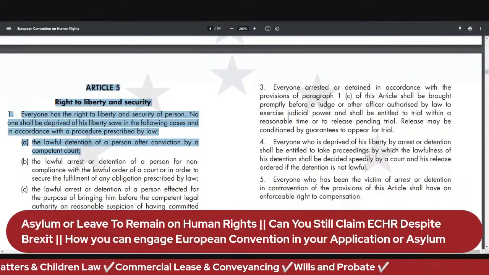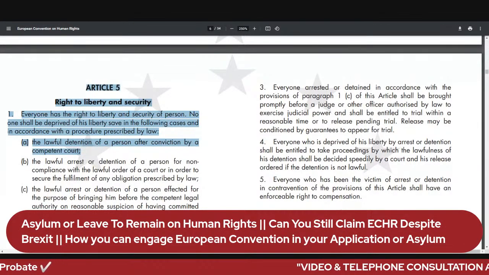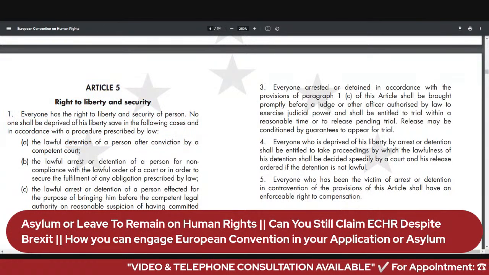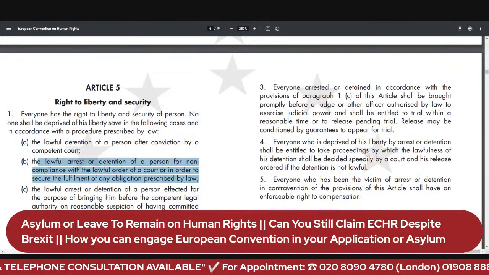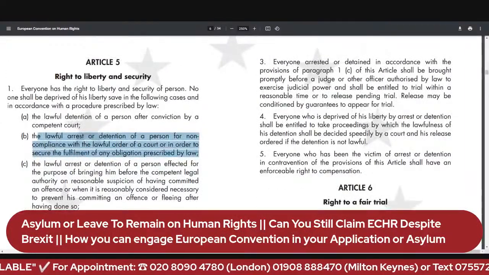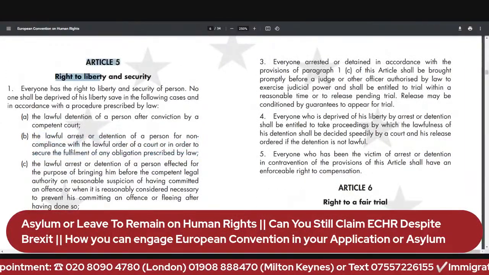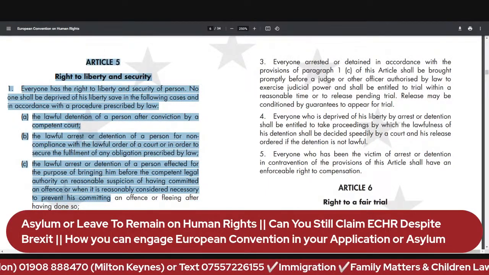Many supporters and many of their political leaders are being detained unlawfully in that country. So that could be a ground, and you can provide evidence from different sources: newspapers, news journals, reports from human rights groups, reports from Amnesty International, news articles, to establish your claim that you will be detained unlawfully. I say this, for example, for Egypt. So it depends where you're from.